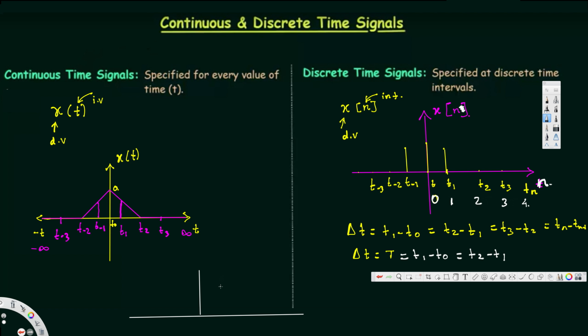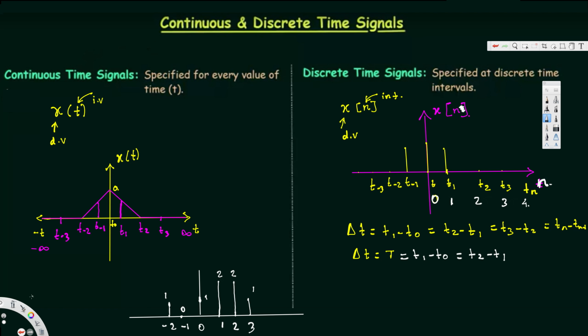Here let's say we have some amplitudes, 2. This is 0, this is 1. Let's say this is also 1 and 1 right here, and this is 2, 2, 1. And here we are going to see how to express this one, with the values at minus 1, 0, 1, 2, 3.